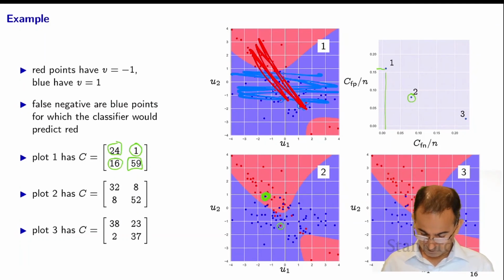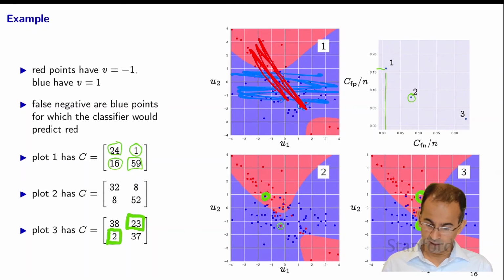Here is one of them. And we've got a large number of blue points that are classified as red. There's one of them. Our resulting counts: there are 23 false negatives and 2 false positives, and that gives us this classifier right there.